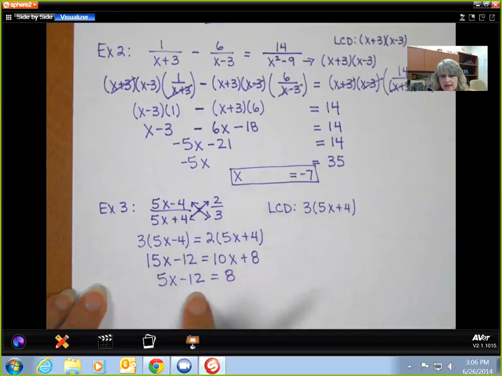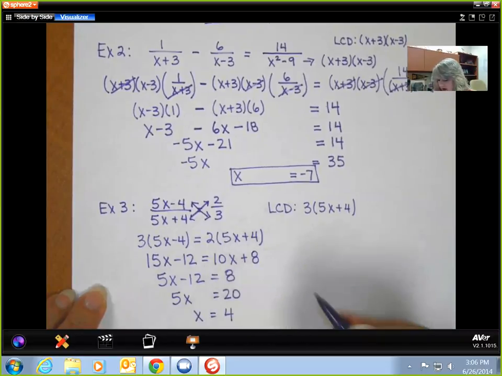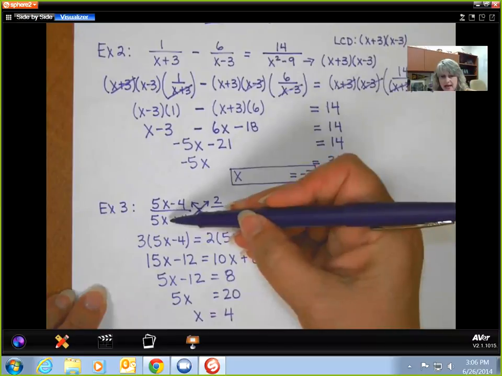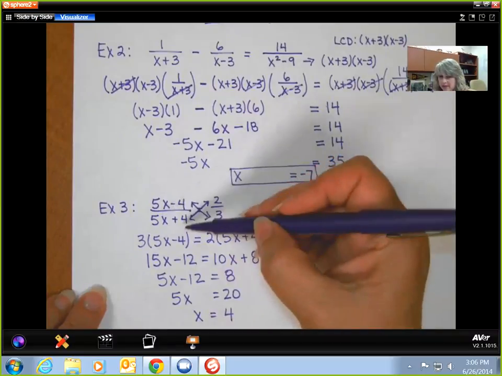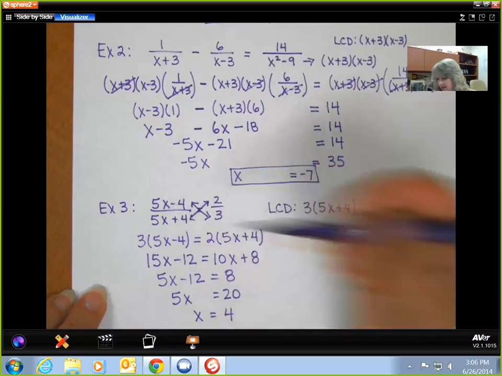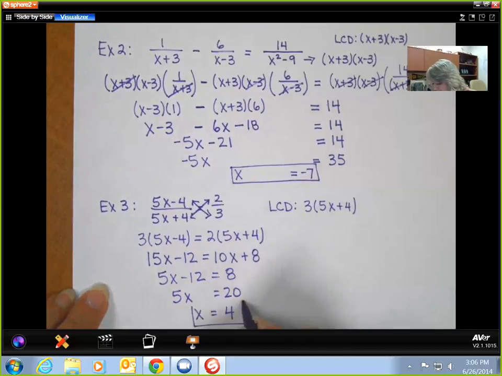Try to get x by itself. We're going to add 12. And then divide by 5. And notice if we put 4 in place of this x, the denominator doesn't become 0. So we're good on that. x equals 4 is our solution.